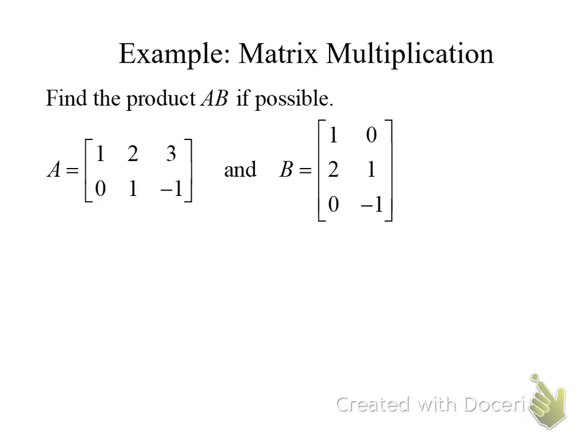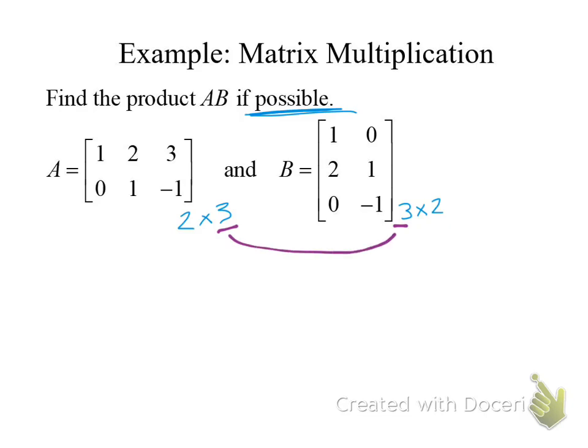So first of all, notice that it says find the product if it's possible. So what needs to happen for our order? We need to talk about the orders of these. A is a 2 by 3 because I have 2 rows and 3 columns. But B has 3 rows and 2 columns. So these two do multiply together, and that's because the inside numbers match up.